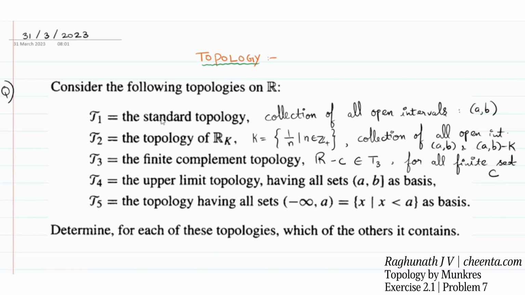But let us look at what they are asking for. You are supposed to determine which of the other topologies each topology contains. For example, it might happen that T1 is contained in T2, T1 is a subset of T2. So that's what they are asking us to look for.